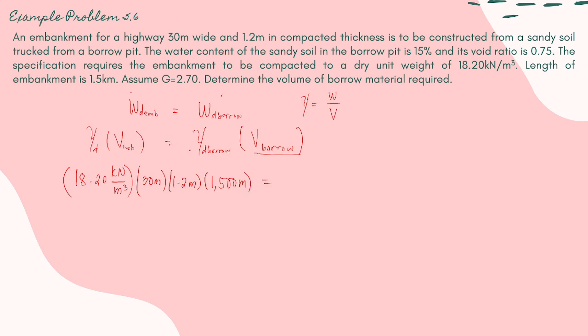And for the dry unit weight of the borrow, this is equal to 2.70 times 9.81 over 1 plus the void ratio, 0.75.